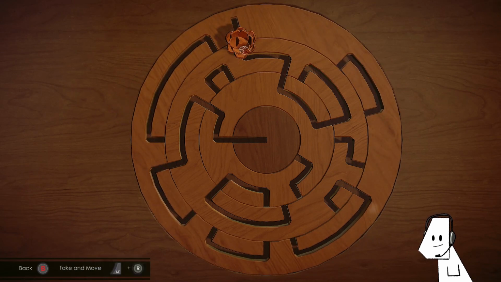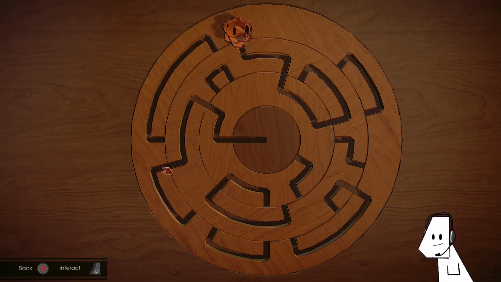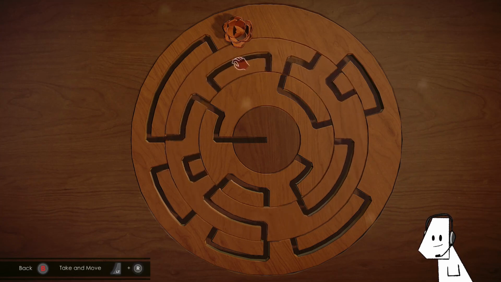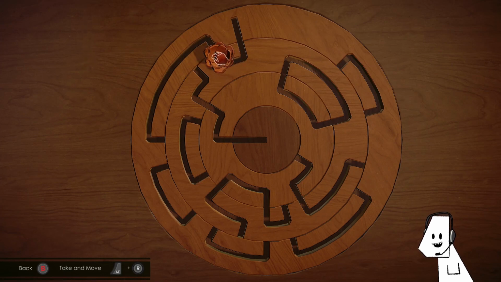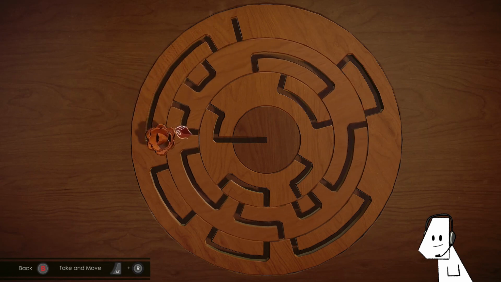Keep going up. Right. So we want to get the flower here, basically. So if we move this round. Oh, come on, up. I'm pushing up. This is ridiculous. Oh, okay, I can see why this game was £3. This control is ridiculous. There you go.